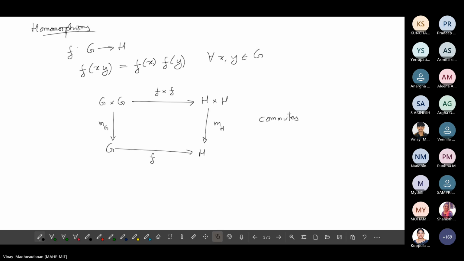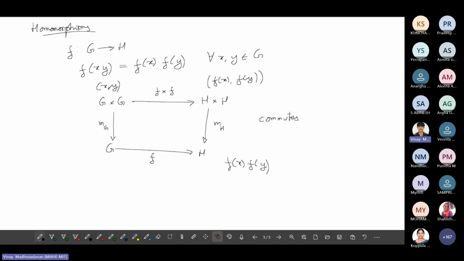If you take x comma y, f cross f sends it to f of x comma f of y. And then m sends it to the product f of x, f of y. I'm not writing m of that.